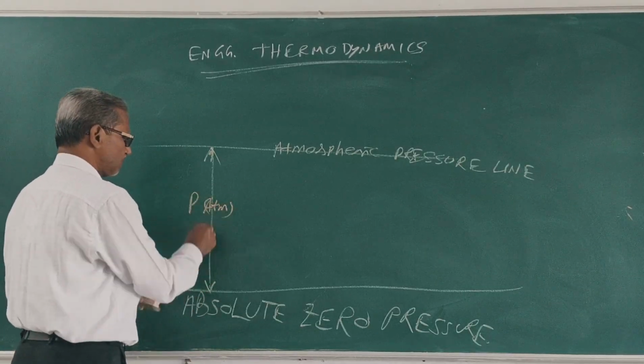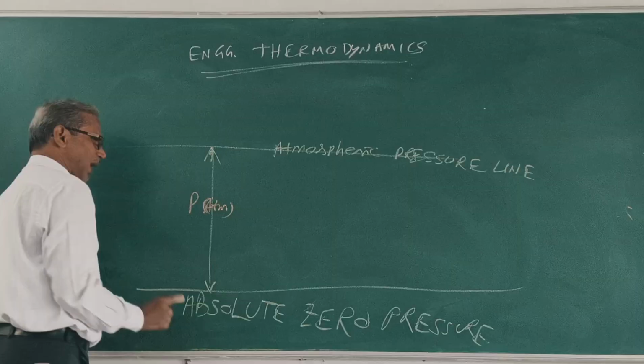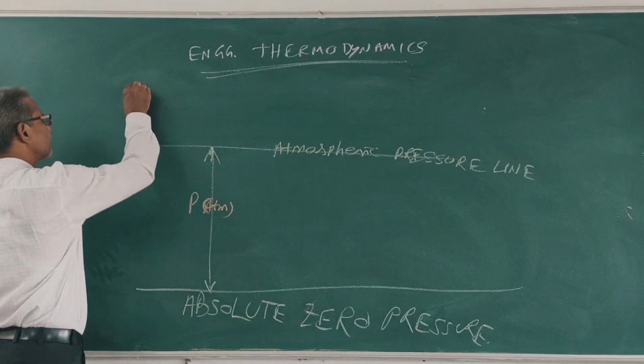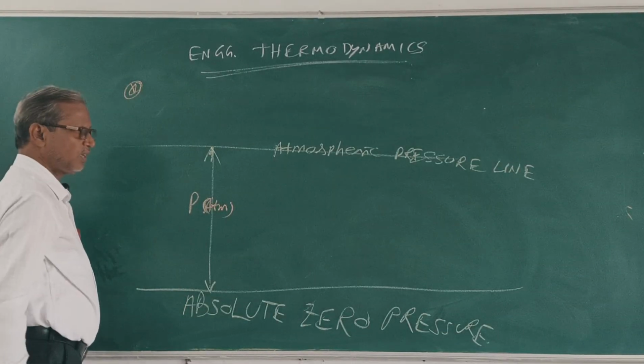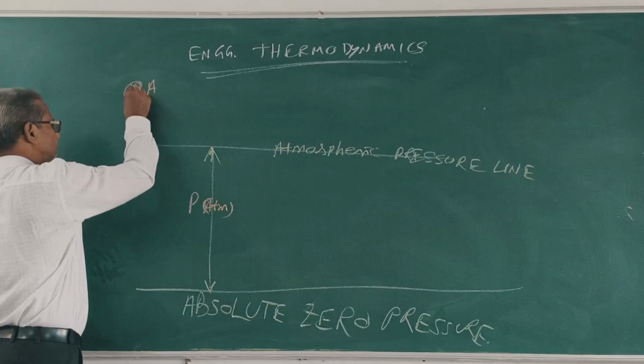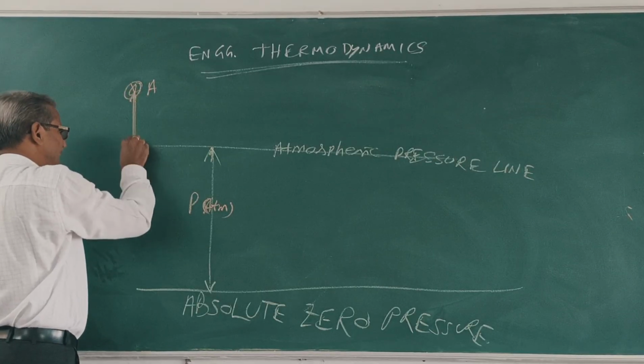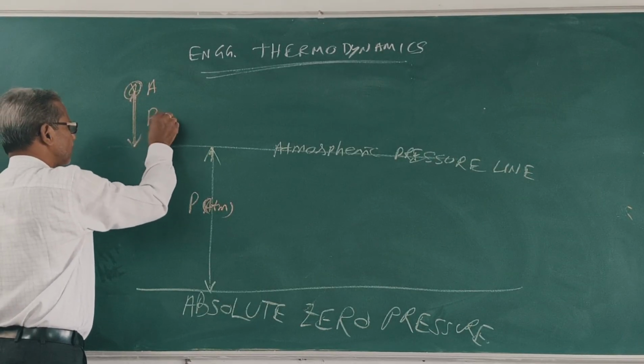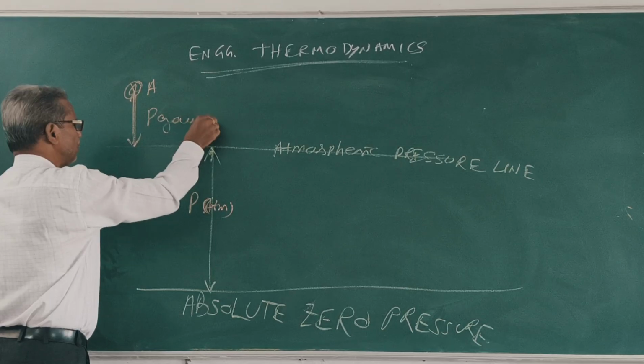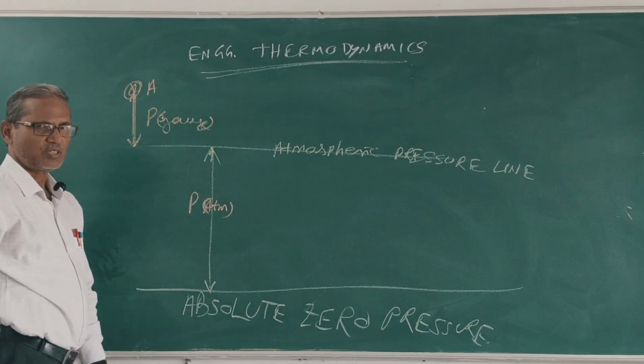Clear? Suppose I take a point A here. The pressure between this line and the atmospheric line is called P gauge. Clear?